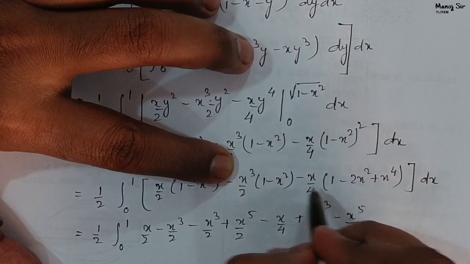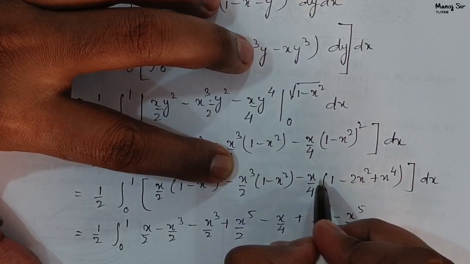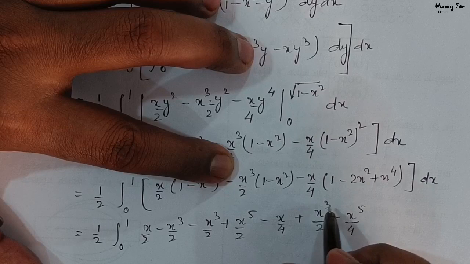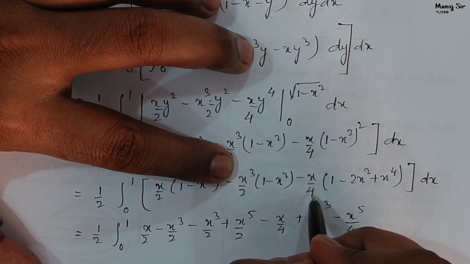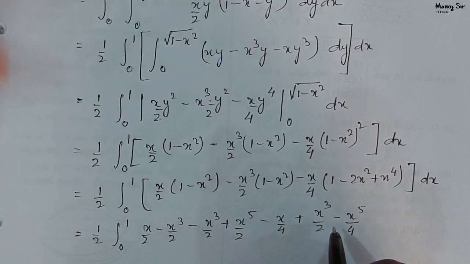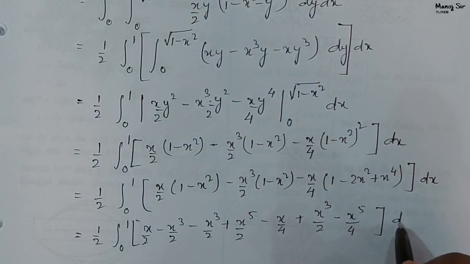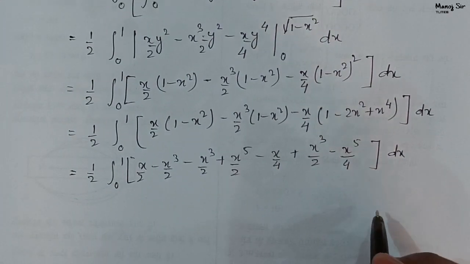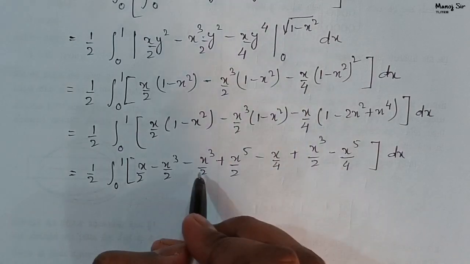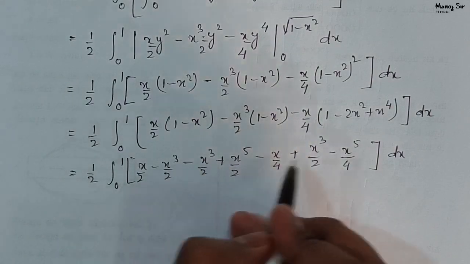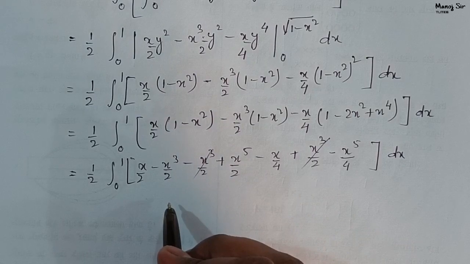In the second term we had minus, that is positive, x into x square, x cube, 2 upon 4, that is 1 upon 2. I hope this step is clear. Now closing this bracket, and here we have dx. Now you can see x cube upon 2, x cube upon 2, negative and positive. These two terms will get cancelled.